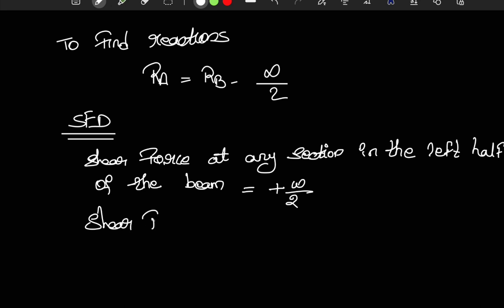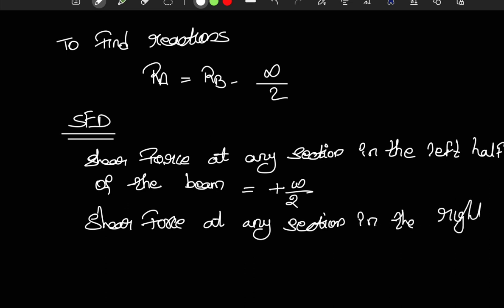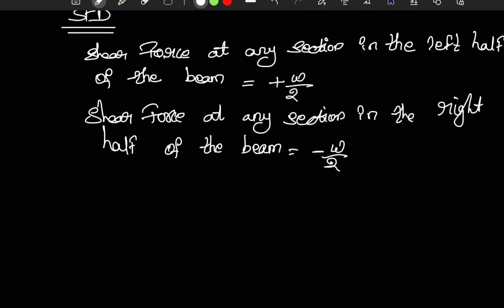The shear force at any section in the right half of the beam is negative W by 2. Next, BMD.